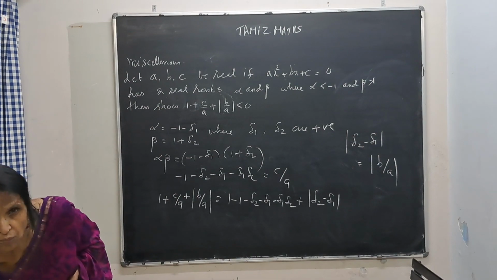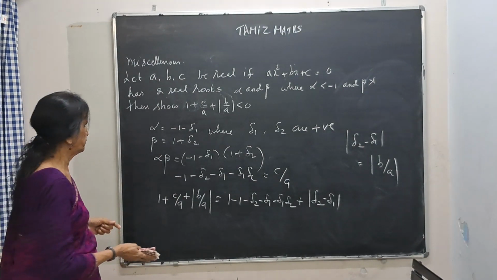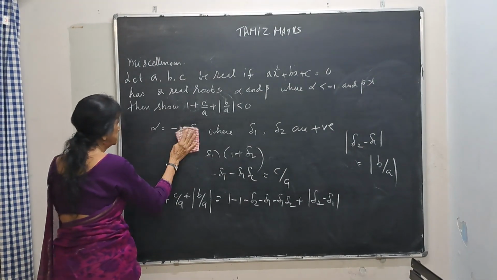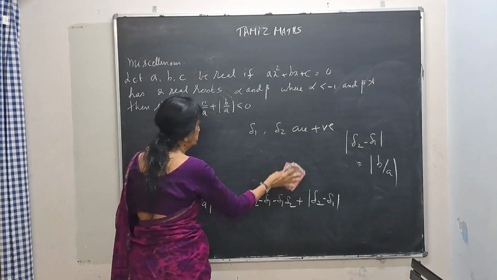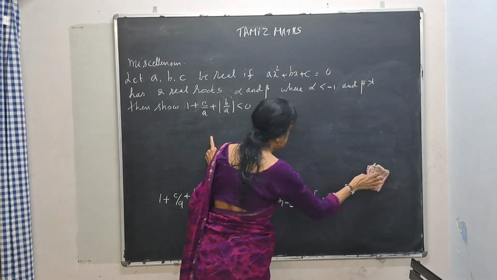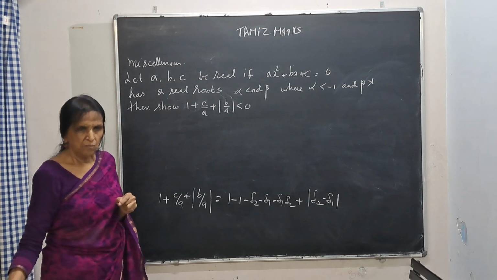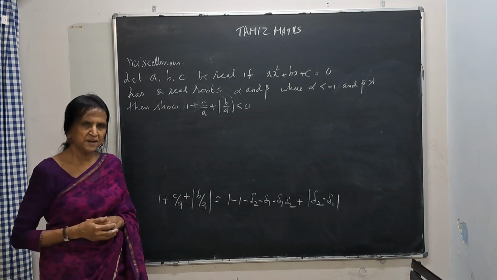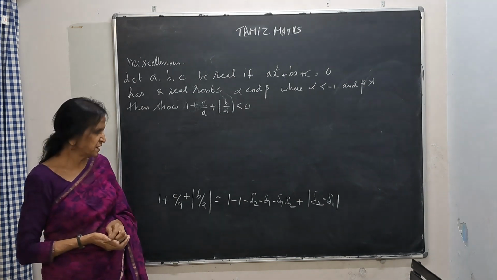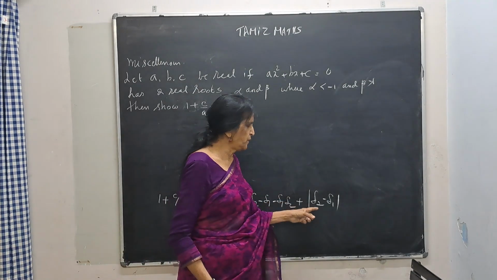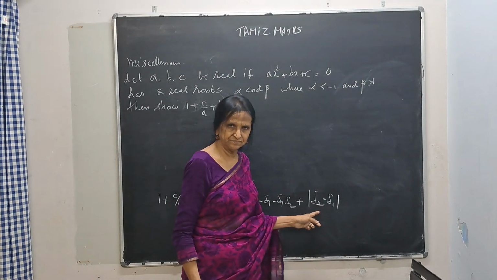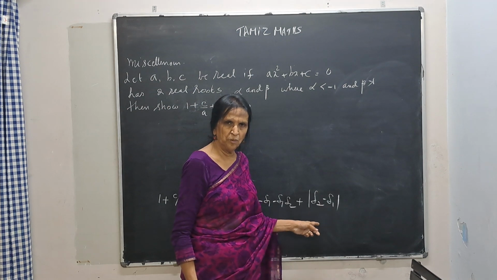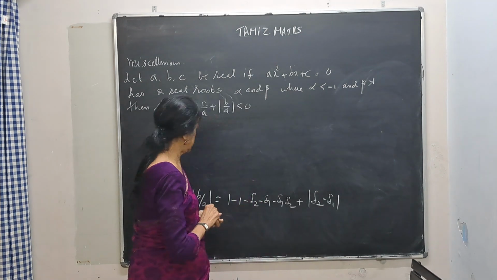Now, mod x is x when x is positive. Mod x is minus x when x is negative. If del 2 minus del 1 is positive, then when I remove the mod, it will be del 2 minus del 1.